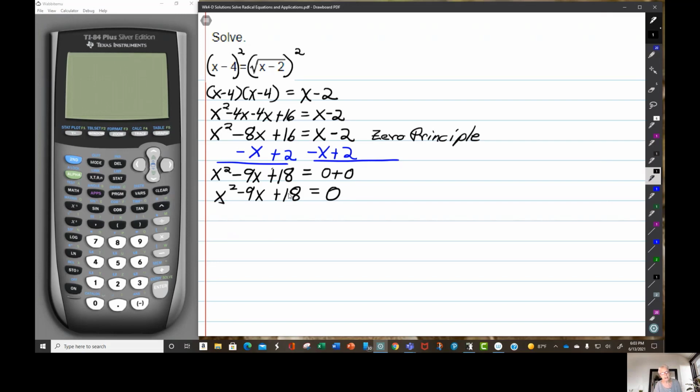Now this is a quadratic equation, and so far the only method you've got for solving a quadratic trinomial is factoring. Luckily, our leading coefficient is 1. So we get to use an easier method than grouping, and that always makes me happy.